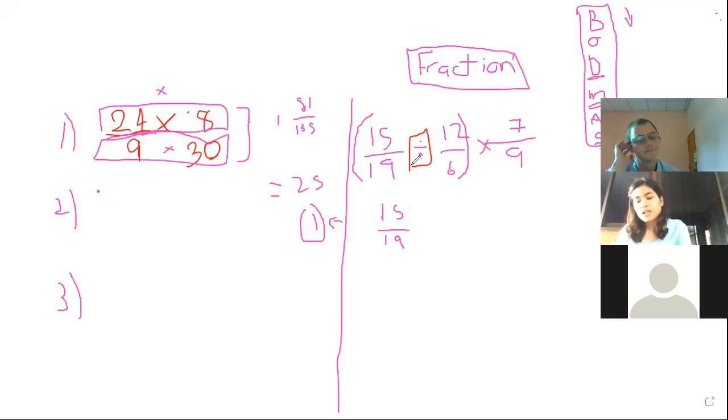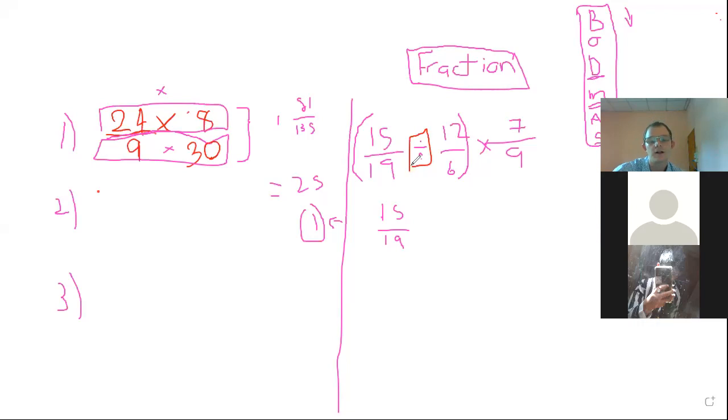What do we do with the sign when we divide with fractions? Multiply. Yes, we change it to multiply.